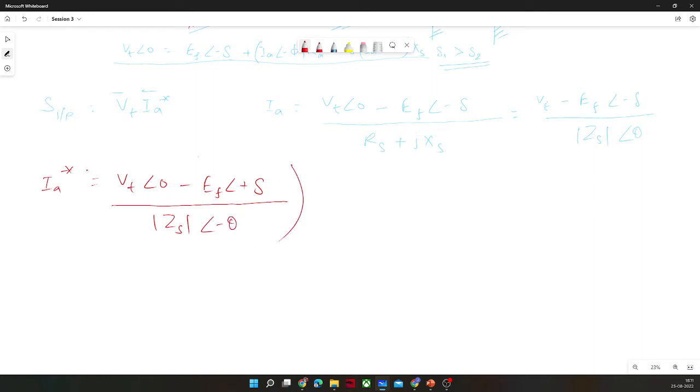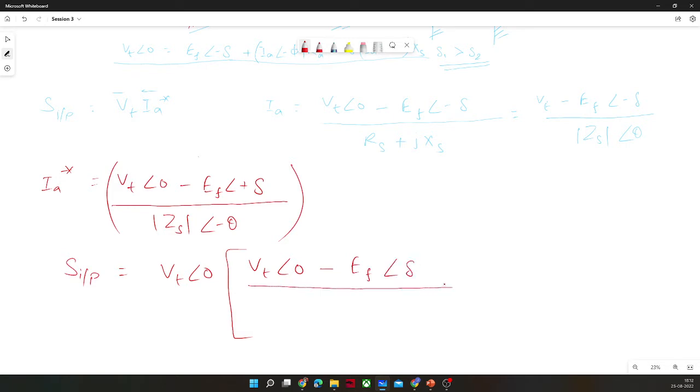So this would be the conjugate of Ia. Ia conjugate we have calculated, Vt was already there. So I will write now the input apparent power: Vt angle 0 times Vt angle 0 minus Ef angle delta, divided by Zs angle minus theta.